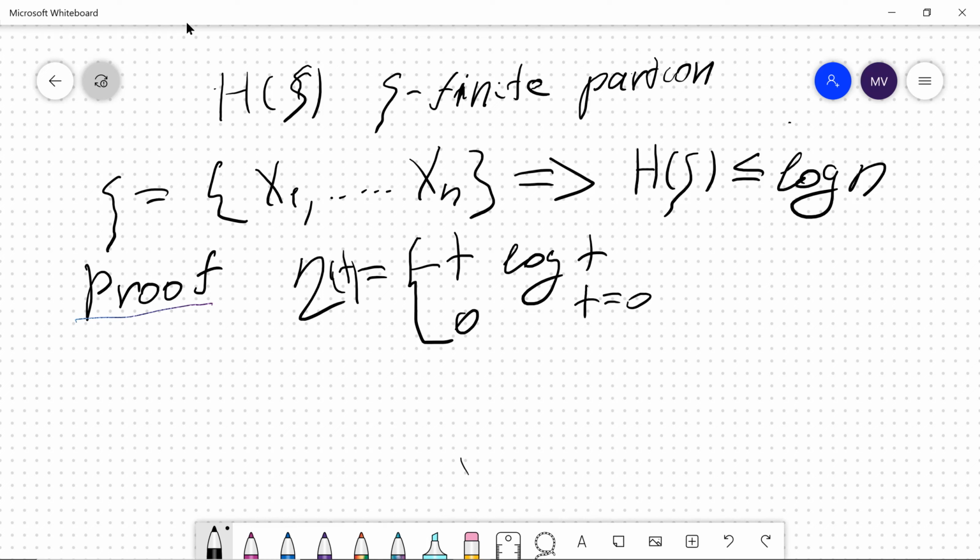This function is strictly concave, and therefore we achieve the following inequality.